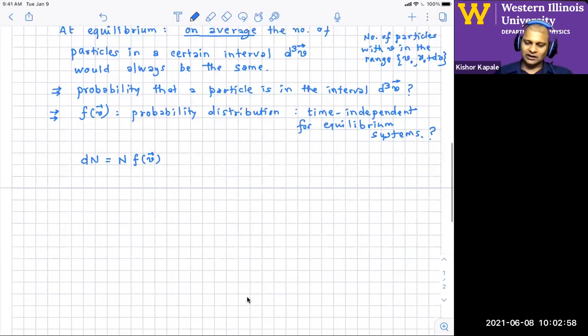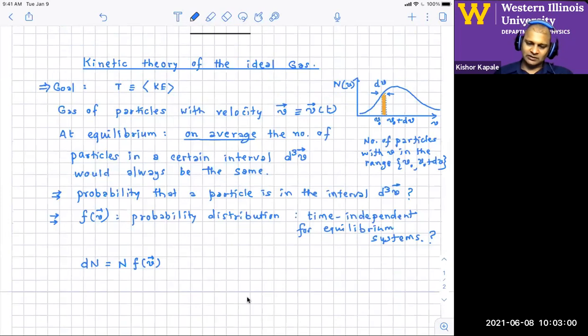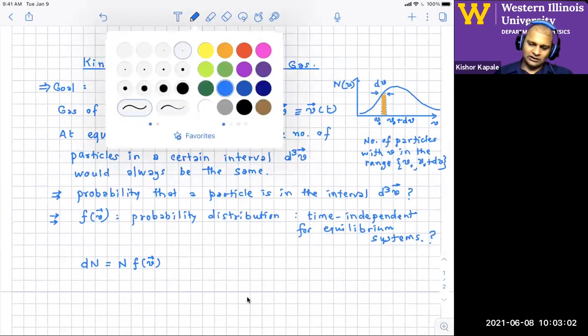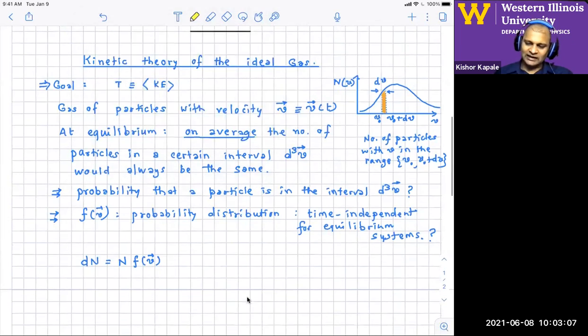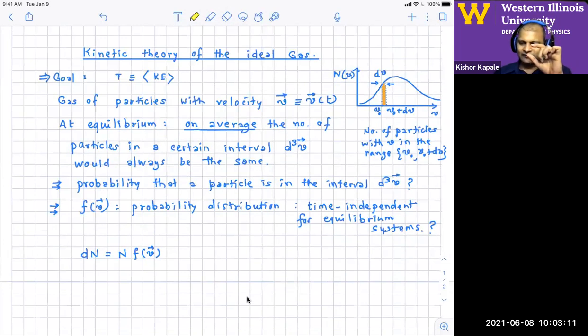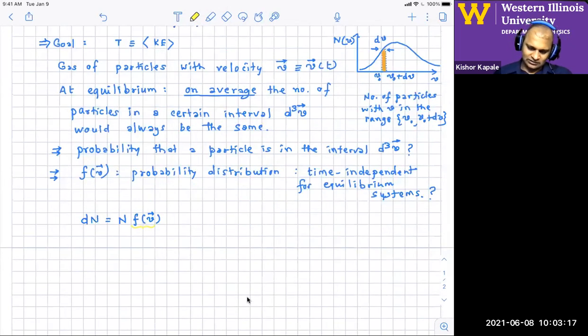If you look at the probability distribution here, this dn is essentially the shaded region, which is the area of a tiny rectangle, if you will. And the height of the rectangle is f of v, right? So this is the height.